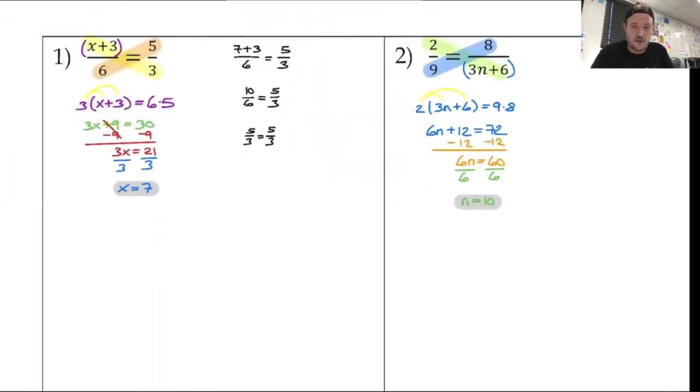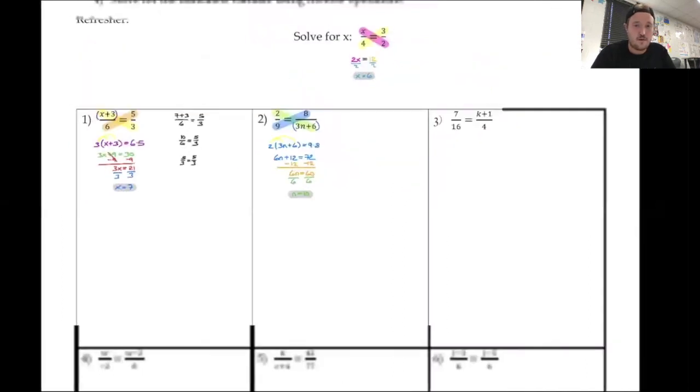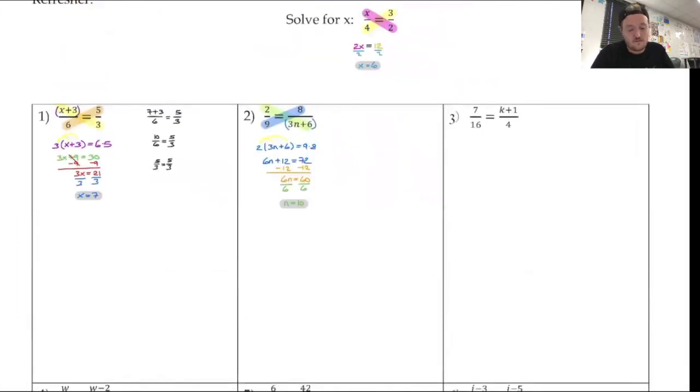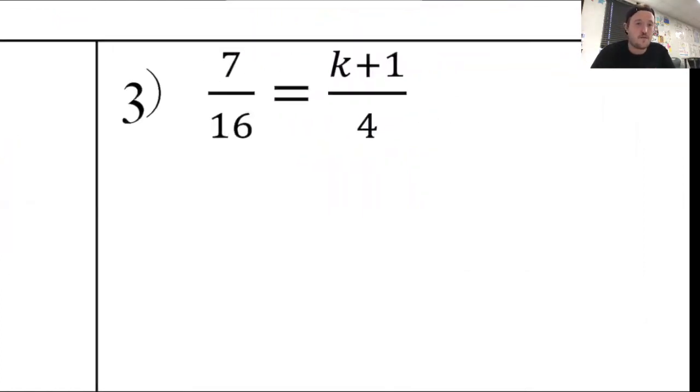And once again, you can plug in the answer you get and check the validity. All right. Now we have 7 over 16 equals (k plus 1) over 4. I would actually say pause here and try this one on your own.